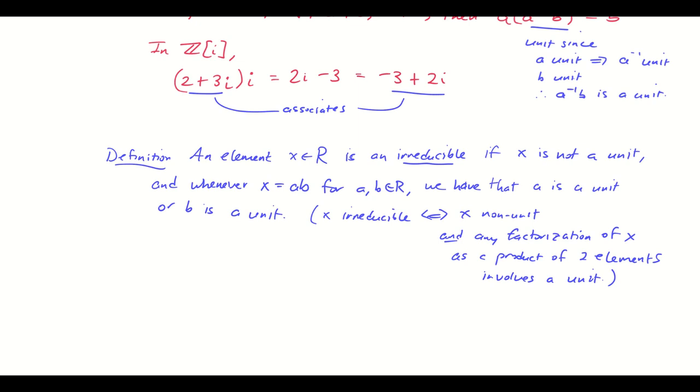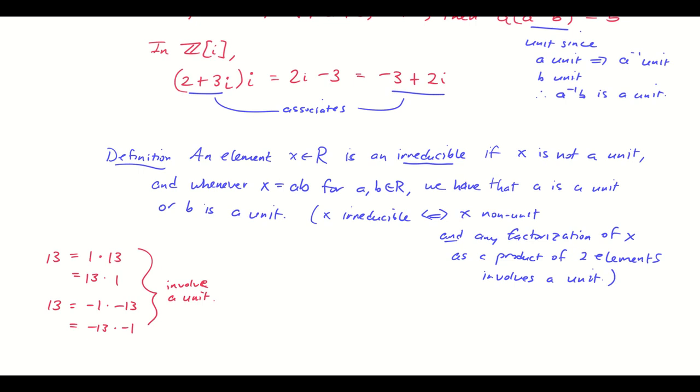For example, 13 is a prime because the only way we can factor 13 is as 1 times 13 or 13 times 1. In the ring of integers we can also factor 13 as negative 1 times negative 13, or as negative 13 times negative 1. But all of these cases involve a unit.